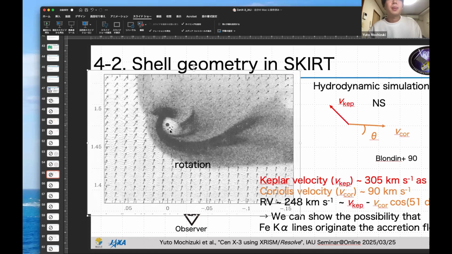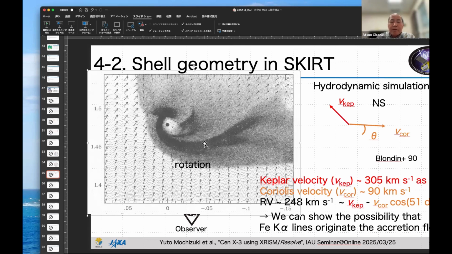And it accretes the material like a comet, so this is a region of high electron density and column density. So the iron K-alpha probably comes from this structure, I think.